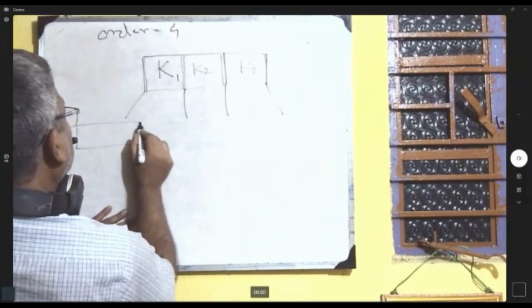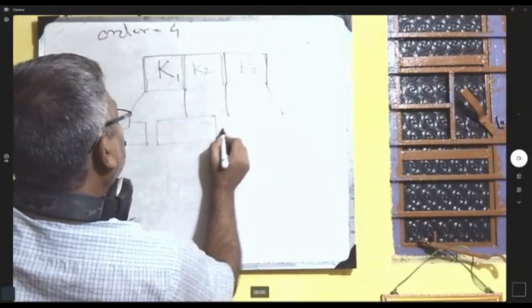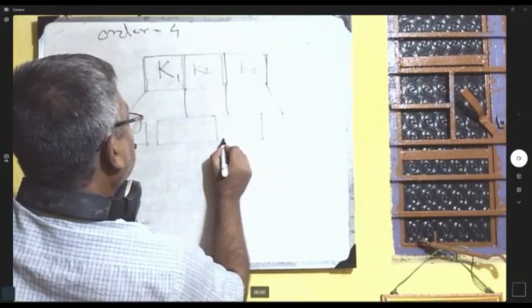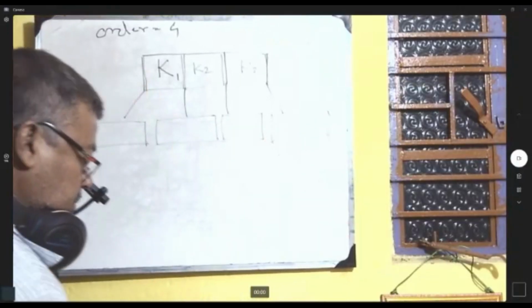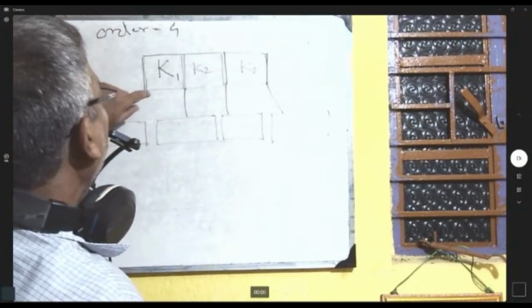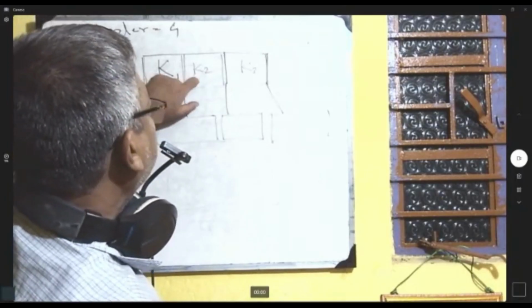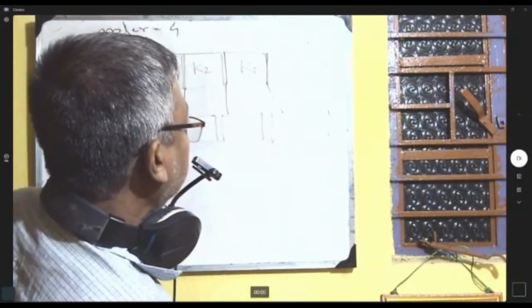And the number of keys is 3. So this is one node of the B-tree, where the keys are K1, K2, K3, with K1 less than K2, and K2 less than K3.